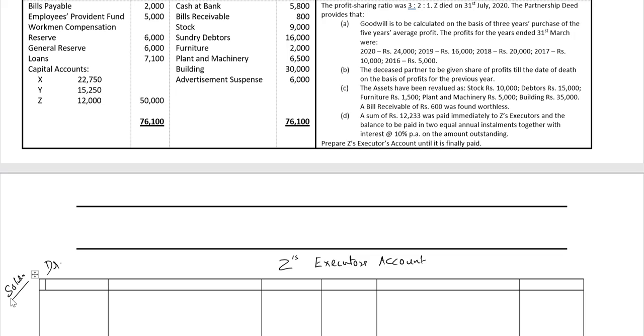Left side debit side, right side credit side. We have the first column for date, particulars, rupees, and on the credit side again, date, particulars, rupees.